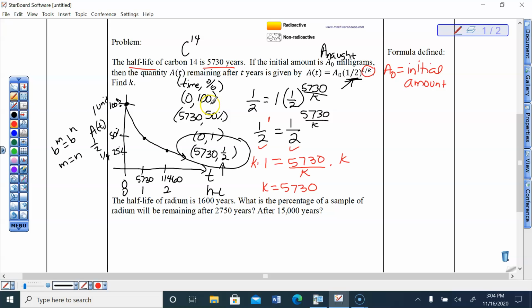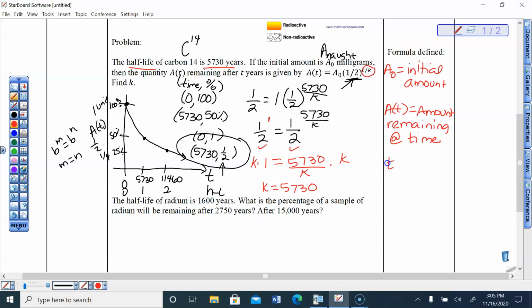It's 100% of whatever you started with, or you could use 1 full unit or 1 full sample if you'd like. A of t is the amount of radioactive isotope remaining, or atoms remaining after time has passed, or at a given time.